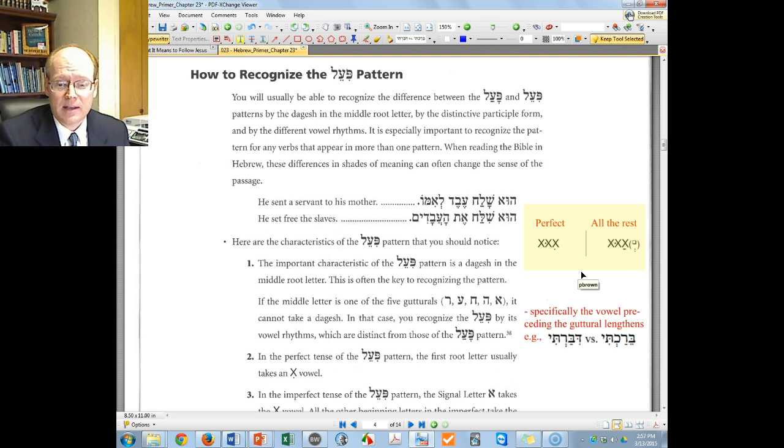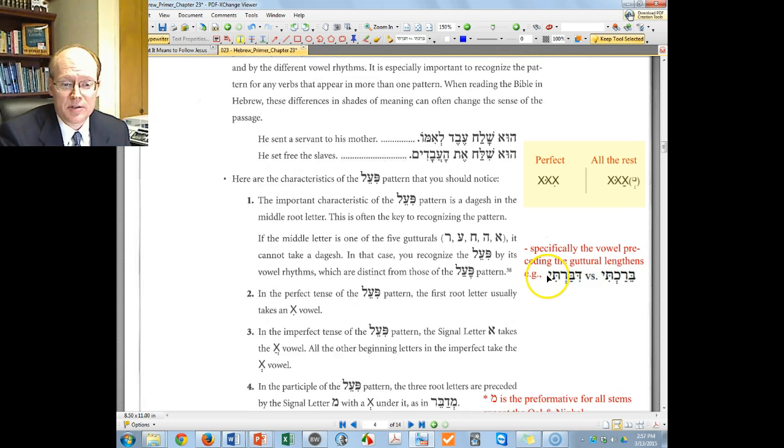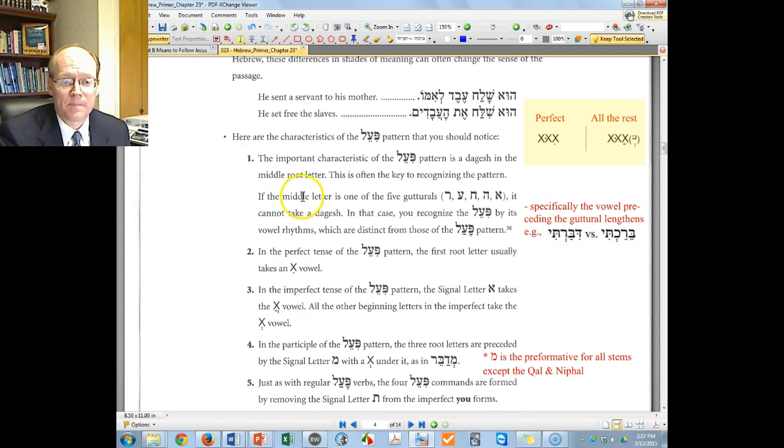However, the textbook does point out some important characteristics. Let me call your attention specifically to number 1 here. That is, if the middle letter of the root radicals is a guttural, aleph, hey, chet, ayin, or resh, it cannot take a dagesh. Gutturals reject the dagesh.